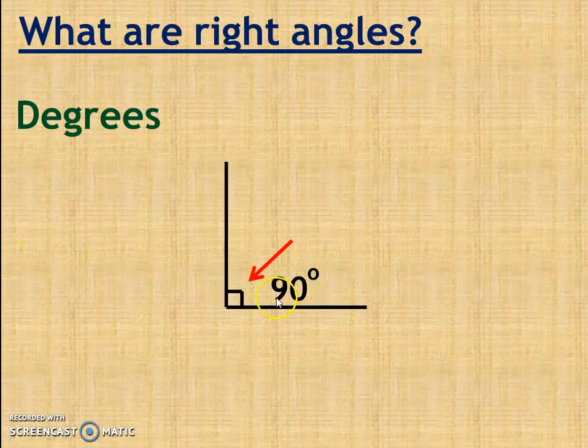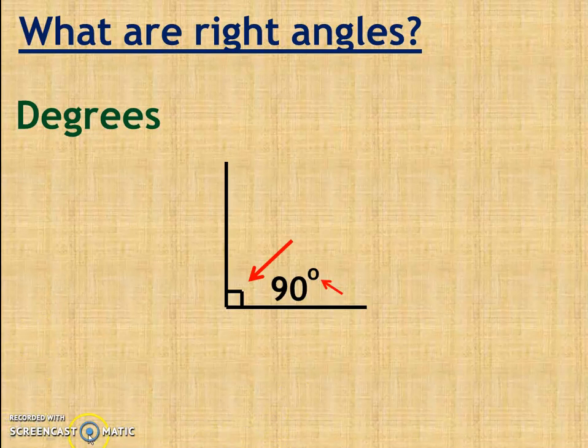The small circle after the number is used to denote degrees. So the small circle is the symbol of degrees. The degrees here is not the same as temperature degrees. The degrees here is different from temperature degrees.